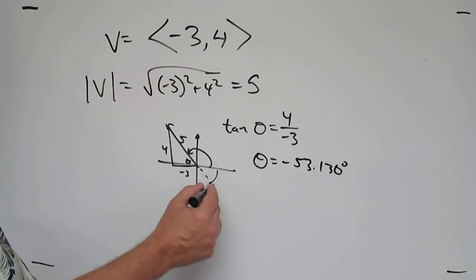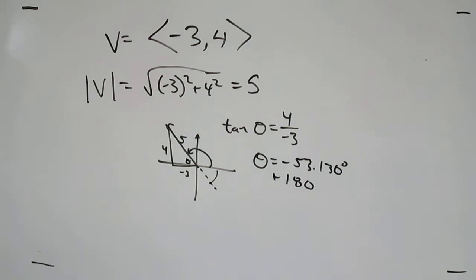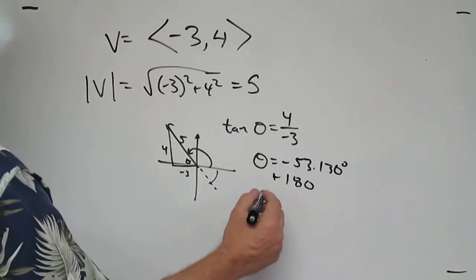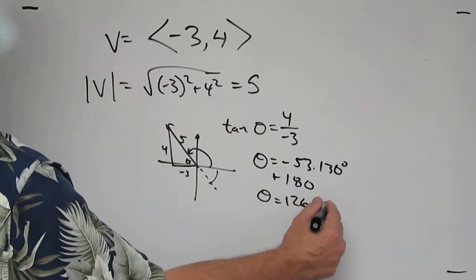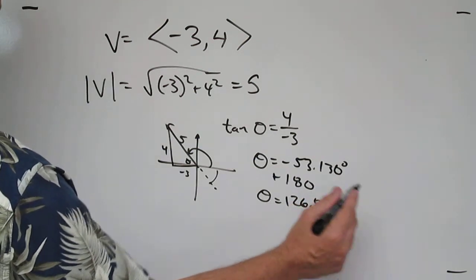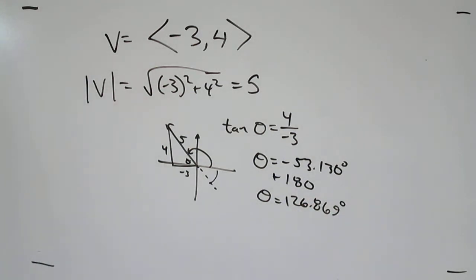It's in fact the exact opposite. So I just have to add 180 to that. And I would get that this direction is 126.869 and some more stuff after that. So that's the direction that this vector goes in. So you can always use inverse tangent on things like that. Let's just stop there.